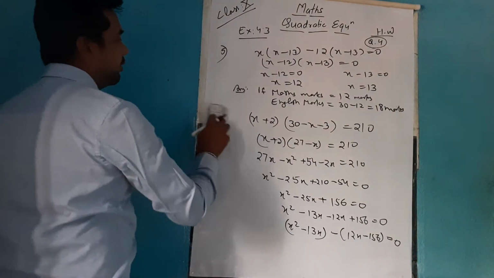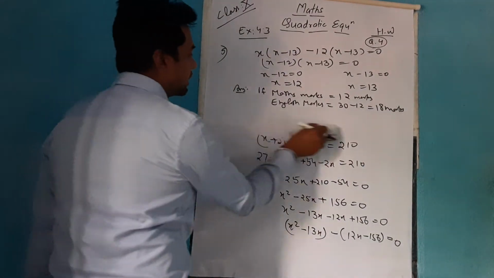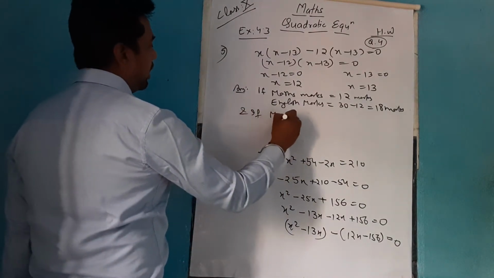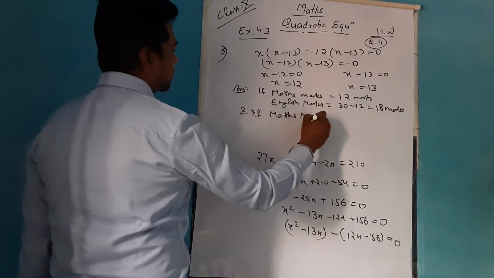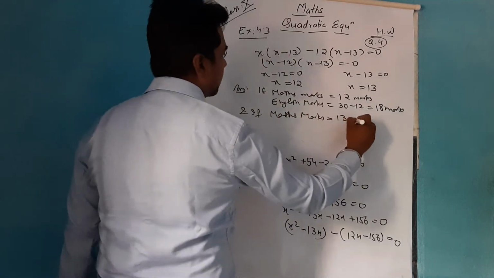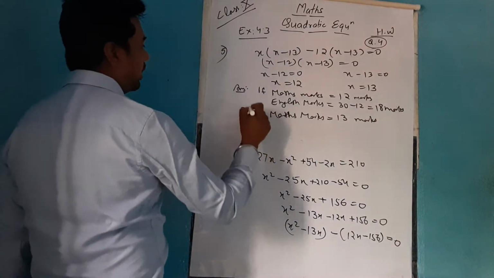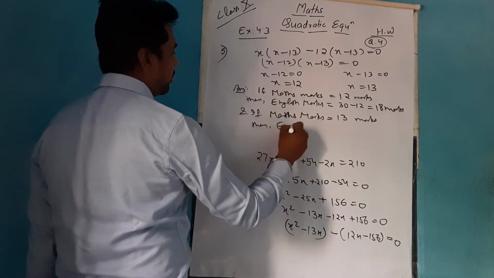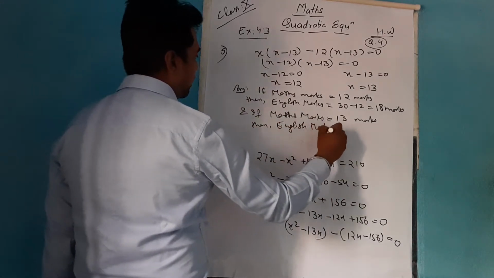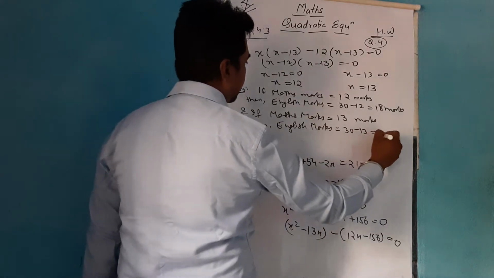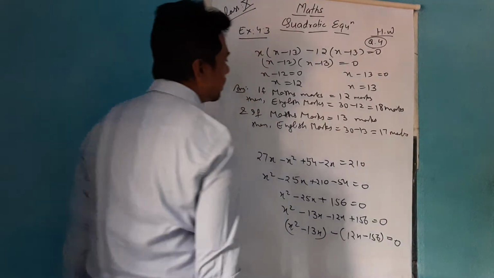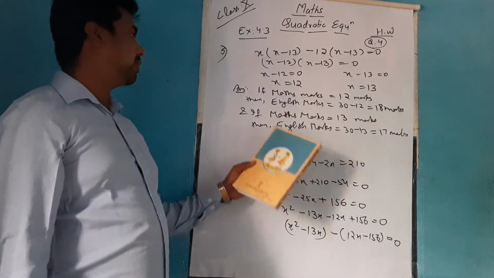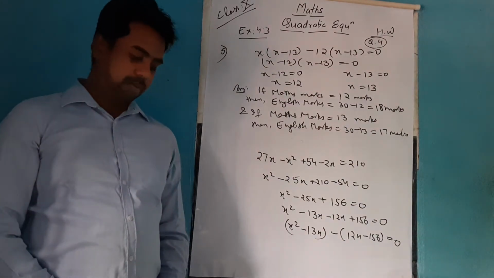And in the same way, if the maths marks is 13, then the English marks will be 30 minus 13, which equals 17. So if the marks of math is 12, then the English will be 18. If the maths marks is 13, the English marks will be 17.